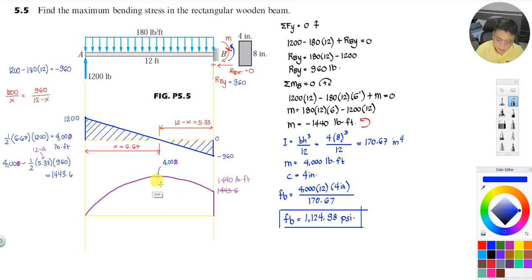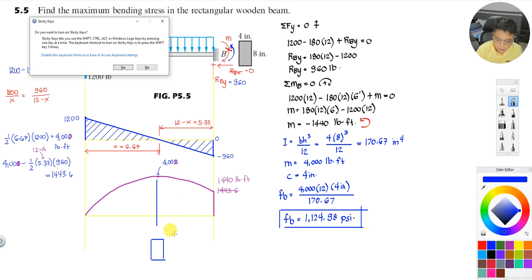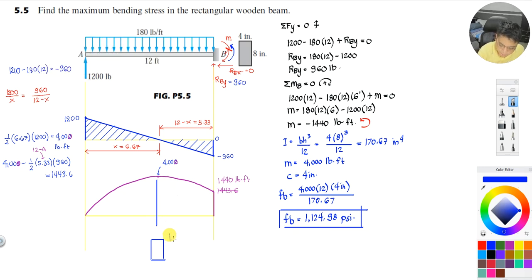Okay. At this cross-section, ganyan yung cross-section niya eh. So, meron ka ditong top and then meron ka ditong bottom. Okay. Ngayon, alin ang tension dyan? Alin ang compression? Again, nakadepende tayo dito sa positive. Kapag positive yung moment, for a positive moment, ang top ang ating compression.